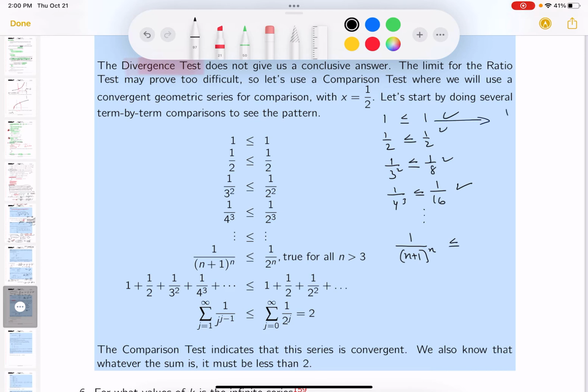This is going to be 1 half to the 0. This is 1 half to the 1. This is 1 half squared. Did I do that right? I think I might have made a mistake here.